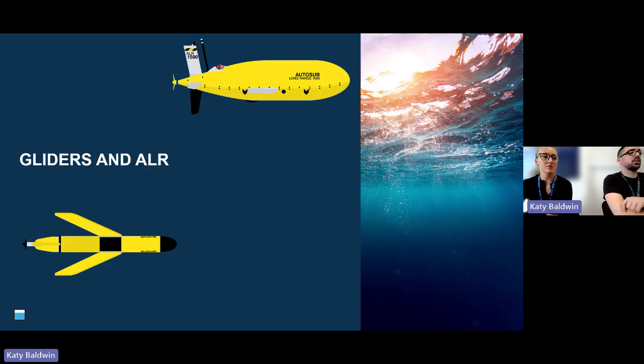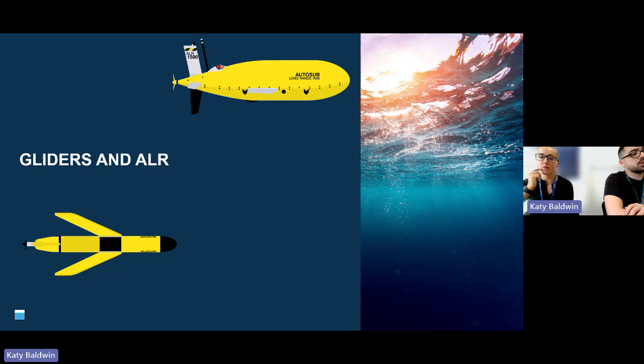Starting on some basics for glider and ALR deployments. Gliders typically have depth ratings to about 1,000 meters and are equipped with 2 to 5 sensors. Deployments might typically last weeks to months.